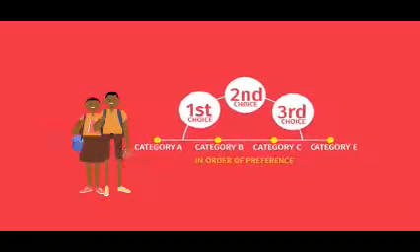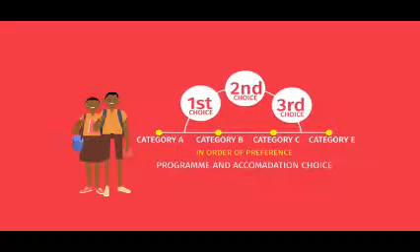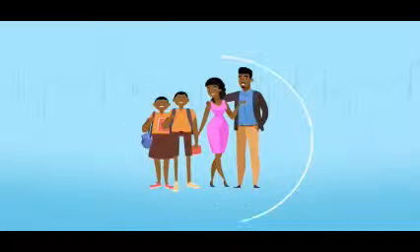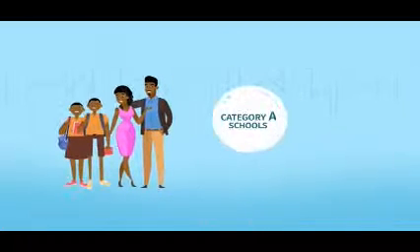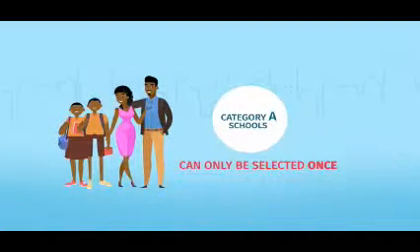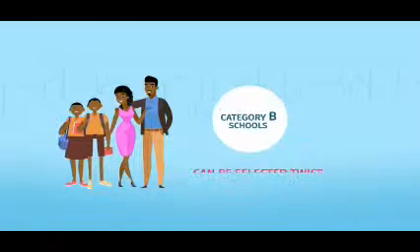Each choice must have a program and accommodation preference. Candidates and parents should note that Category A schools can only be selected once, and Category B schools can be selected twice.